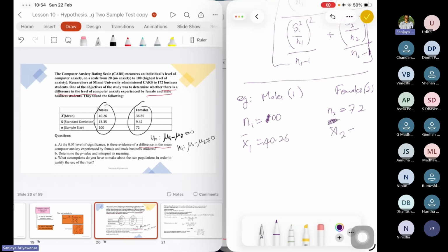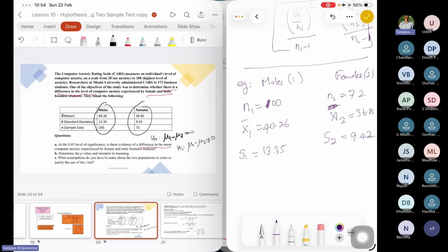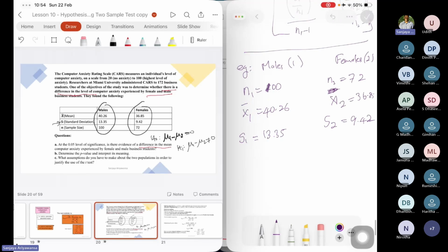X2 bar is 36.85. Standard deviation is given. S1 is 13.35, S2 is 9.42. Another area where one can make an error is noting that it's a variance that's given. No, it's a standard deviation and it's explicitly mentioned.